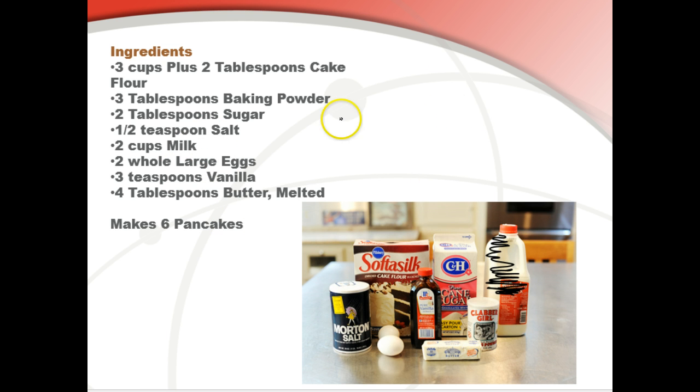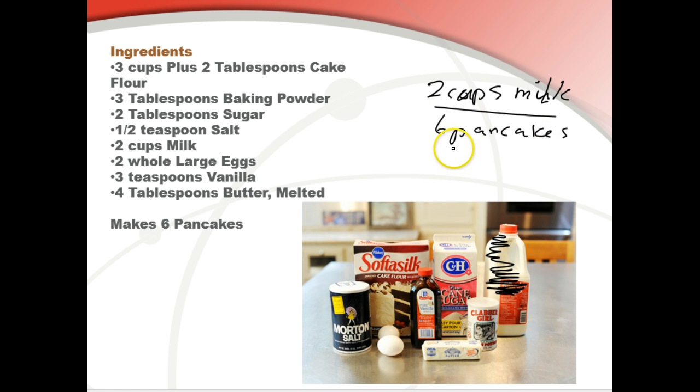Well, of course, if this whole thing makes 6 pancakes, doubling the recipe and including 4 cups of milk would make 12 pancakes, right? But what you did was you said that for every 2 cups of milk, because that was what we ran out of, right? We ran out of milk. So 2 cups of milk makes 6 pancakes.